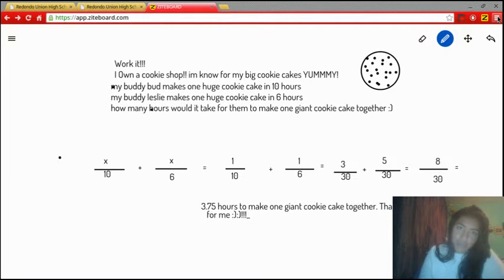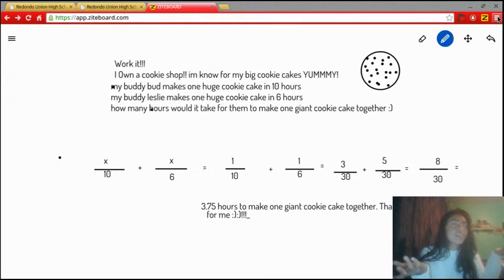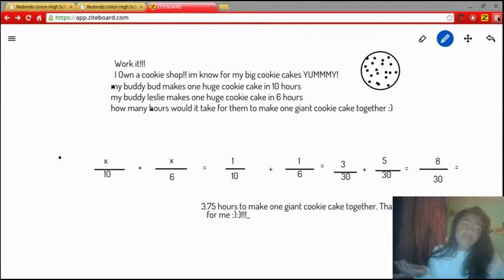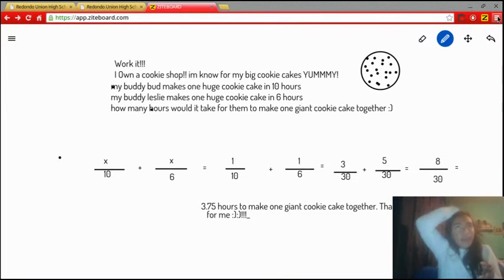So here's an example. Say I own a fabulous rising bakery shop, but it only sells cookies because cakes and all the other stuff is overrated. But I like cakes, so that's why. Anyway, say I sell the best cookies ever in Redondo, and yeah, just say in Redondo.